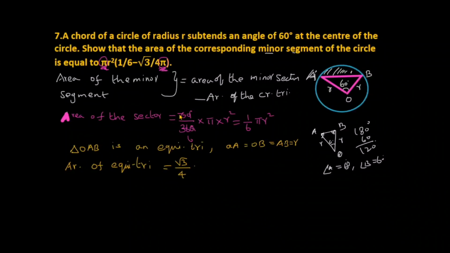Here our A is R, the radius. All the sides are R. OA is equal to OB is equal to AB in the equilateral triangle, everything is R. So we can replace it with R squared. Now finding the area of the minor segment.